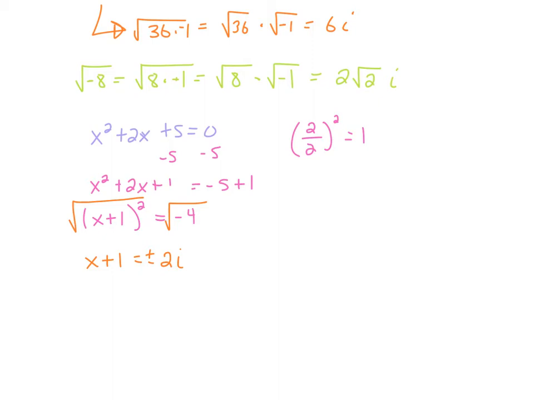Now I still don't have x by itself, so we'll subtract 1. So the final answer is x equals -1 plus or minus 2i. That's how a negative under the square root can be simplified using this imaginary unit i, which is equal to the square root of -1.